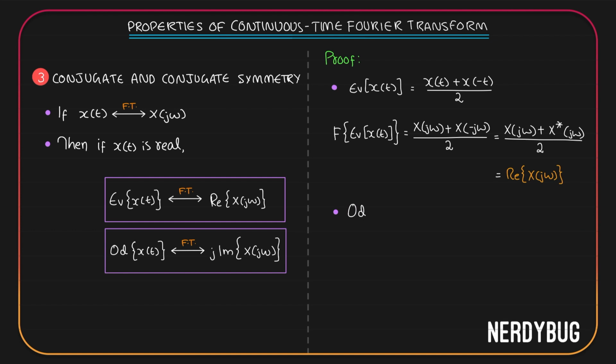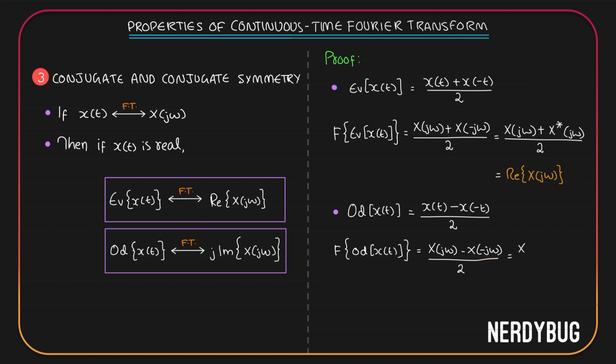Now, odd part of x of t is x of t minus x of minus t divided by 2. Here we want the Fourier transform of odd component of x of t. Using linearity property, this is going to be X of j omega minus X of minus j omega divided by 2. But X of minus j omega is X conjugate of j omega.